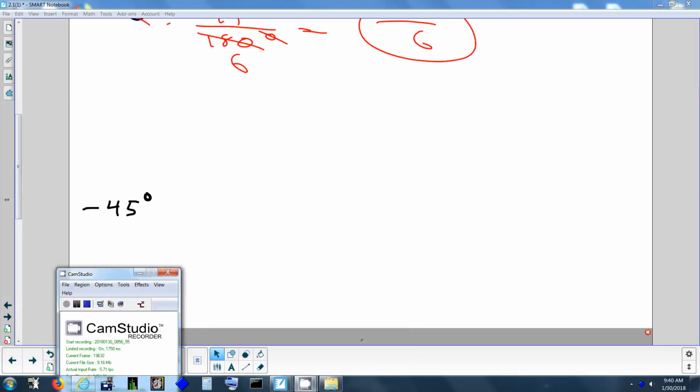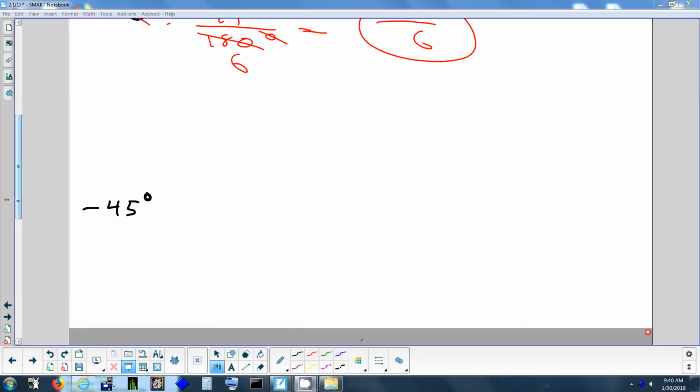All right, let's take a look and see how we did on this one. How about Emma? What did you multiply by to convert from degrees to radians? I did negative 45 over 1. Yep. I did pi over 180. Perfect. Then I divided them first both by 5.